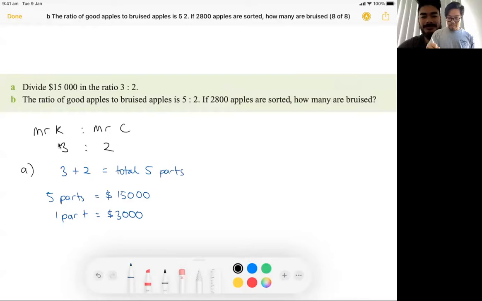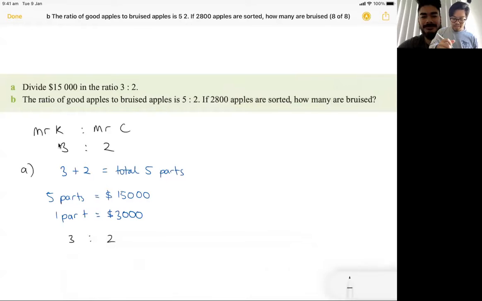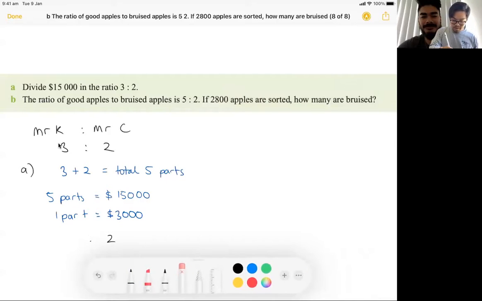So that means if Mr. K gets 3 parts, so if I'm dealing with 3 parts to 2 parts, it's going to be 3 times 3,000 because that's one part, and 2 times 3,000 because that's one part.